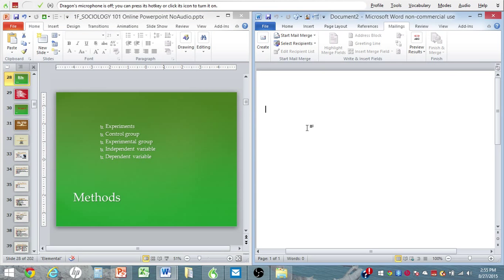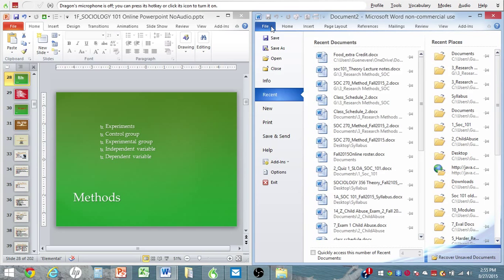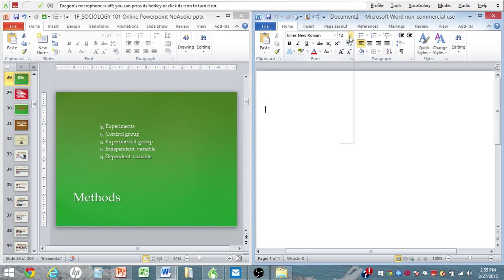So the standard experiment is often two different groups. One is your control group, and the other one is your experimental group, right?